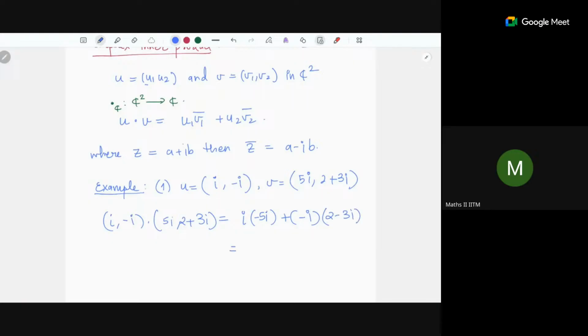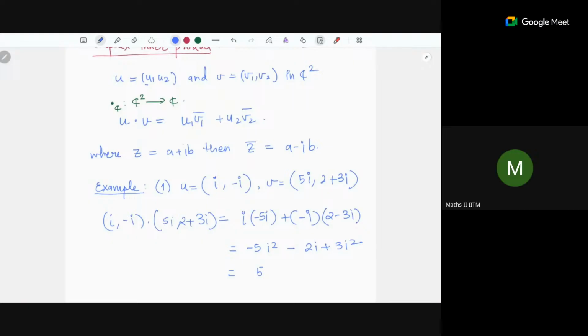Now let's solve this. So it is -5i squared, minus, I will take this minus out, and then you will have 2i plus 3i squared. Now what is this number? i squared is -1, so it is 5.